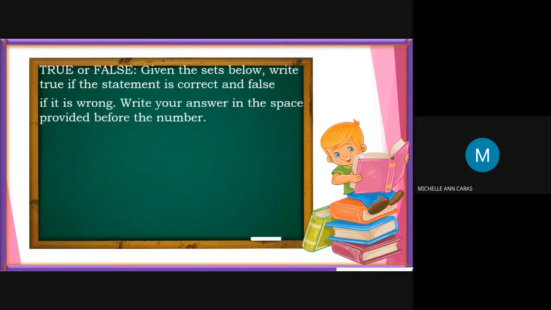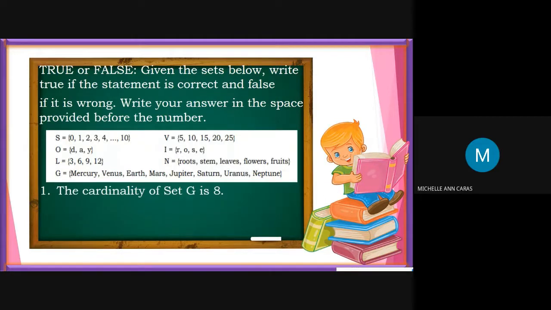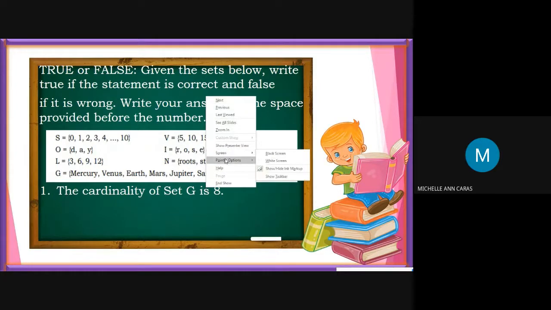So, true or false, given the sets below, write true if the statement is correct and false if it is wrong. So, write your number in space provided before the number. So, number 1, the cardinality of set G is 8. So, diri kita magtanaw class. Is it true or false ang answer diri?